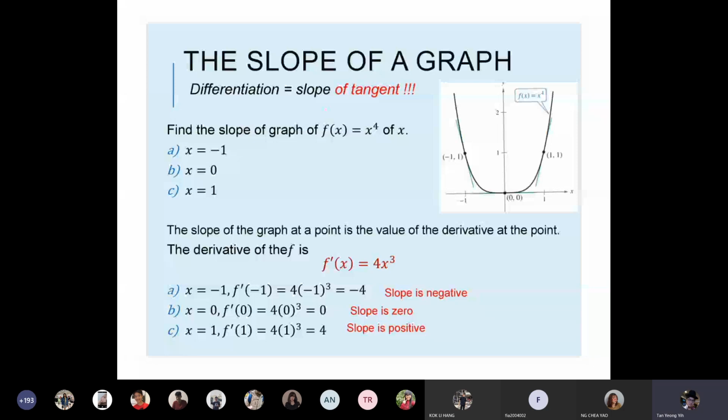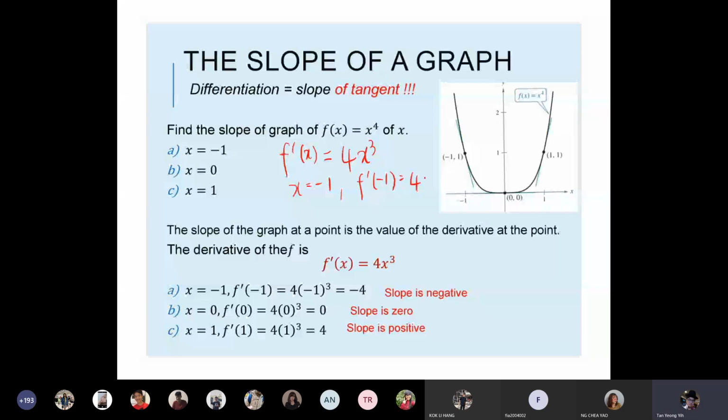We are going to start with differentiation. When we differentiate, we get 4x to the power of 3. Now, when x is -1, what do we get here?